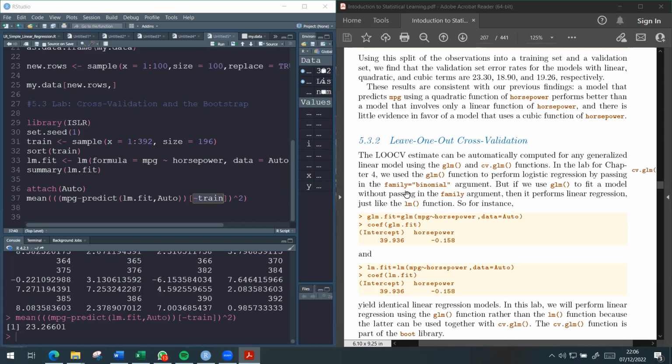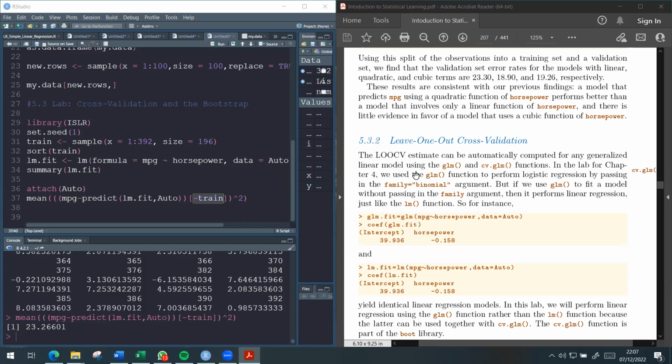In the lab for chapter 4, we use the GLM function to perform logistic regression by passing in the family binomial argument. But if we use the GLM function to fit a model without passing in the family argument, then it performs linear regression just like the LM function.